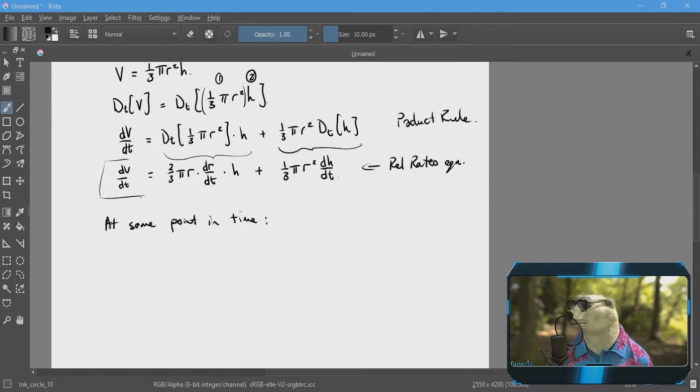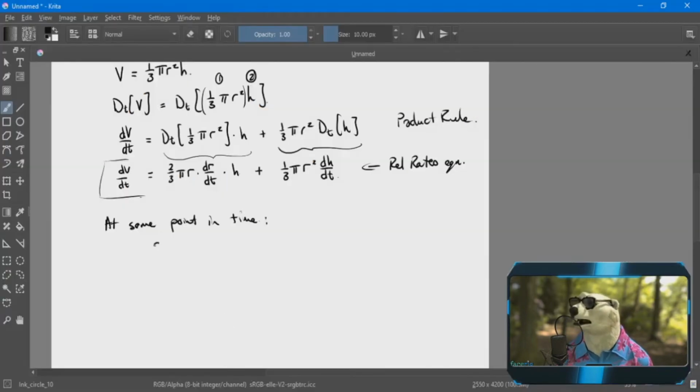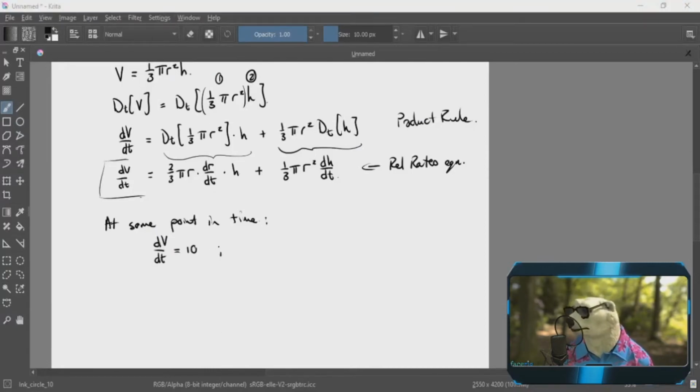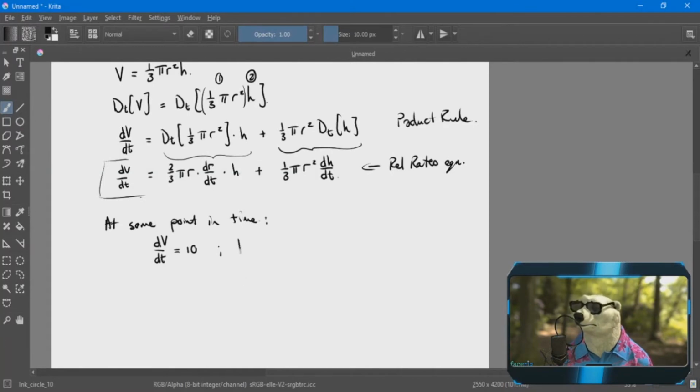So let's go back to the question and see, what do we have? The volume is changing at a rate of 10 cubic meters per minute, so that's an increase. So the rate of change of the volume is 10. That's always the same. Then sand keeps spilling, the shape remains the same. The height of the cone is equal to the radius. So that is to keep things simple. The height is always equal to the radius.